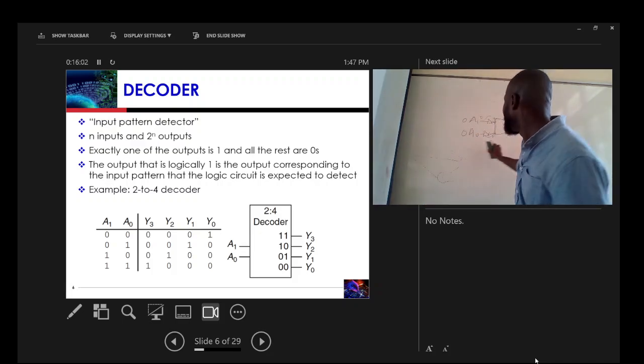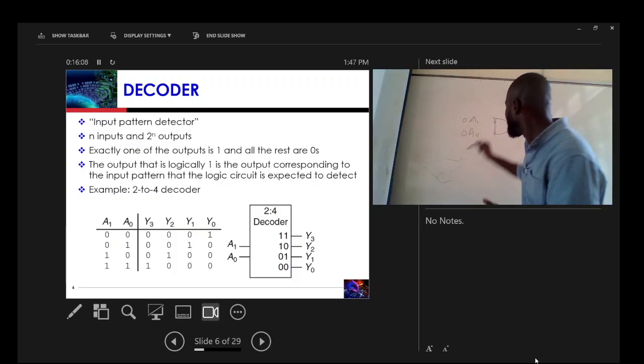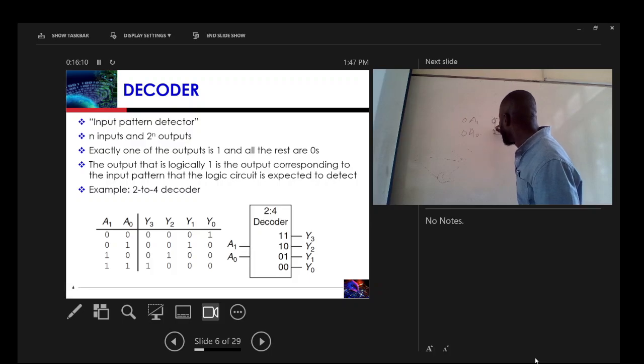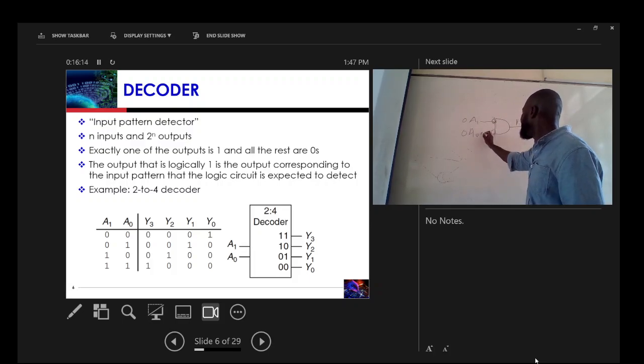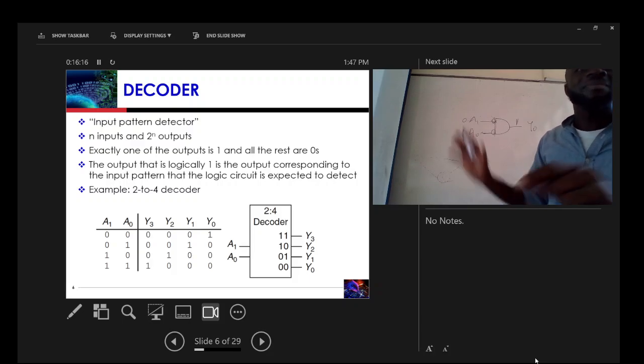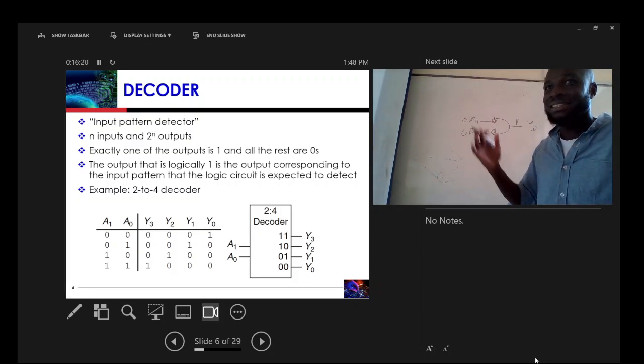So once you have an inverter there, you can simply make your circuit like this. Put a 0 here, 0 here. Understood? You see how easy that is?